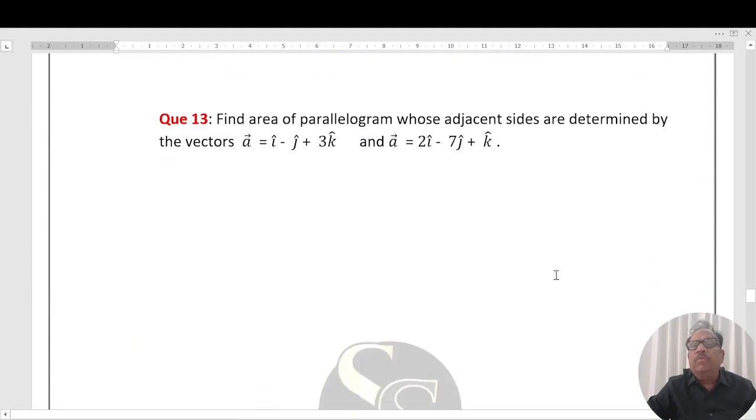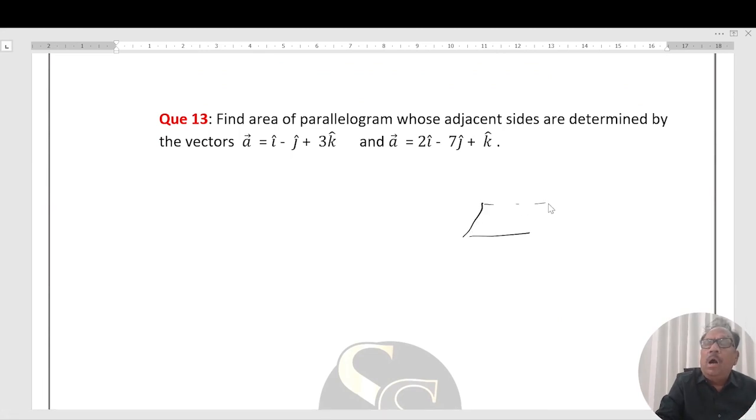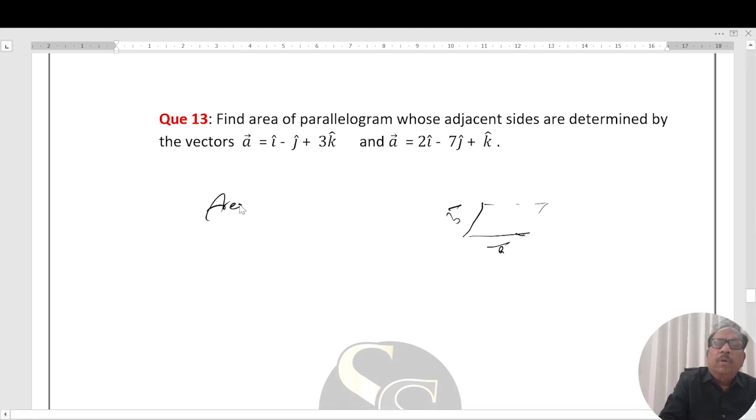Next question is, find the area of the parallelogram whose adjacent sides are given. So this is vector A, this is vector B. Area of the parallelogram is given by the magnitude of A cross B. So i j k, 1 minus 1 3, 2 minus 7 1.